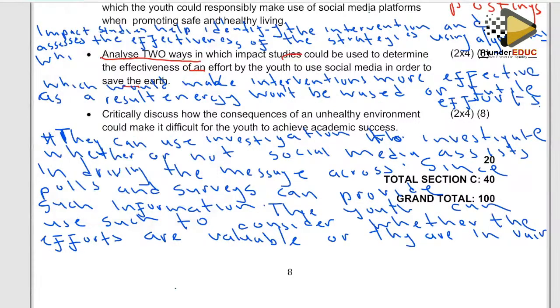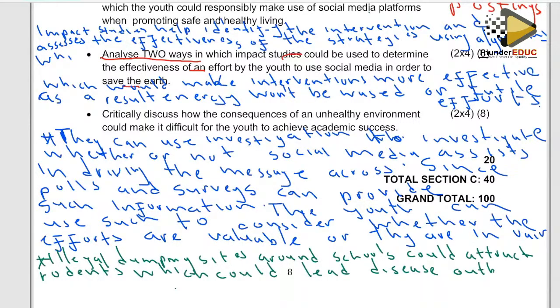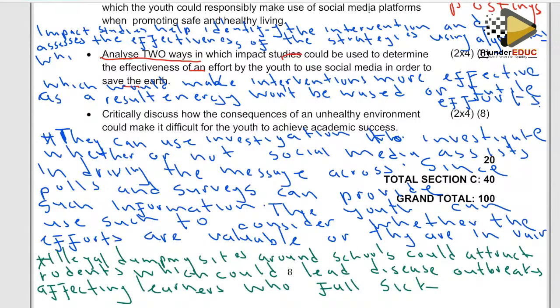We can say that the first point is that illegal dumping sites around schools would attract rodents, which could lead to disease outbreaks, affecting learners who fall sick and miss school.